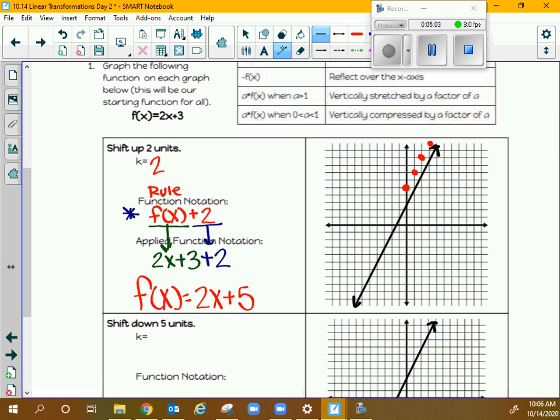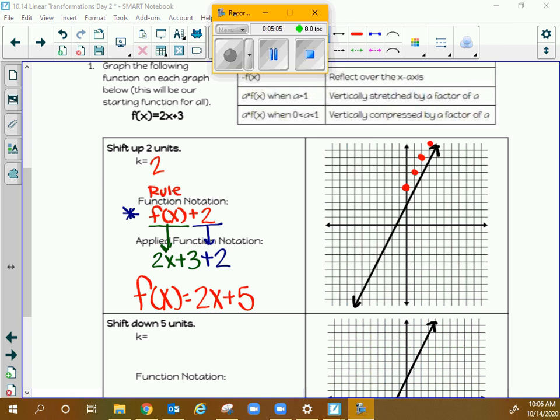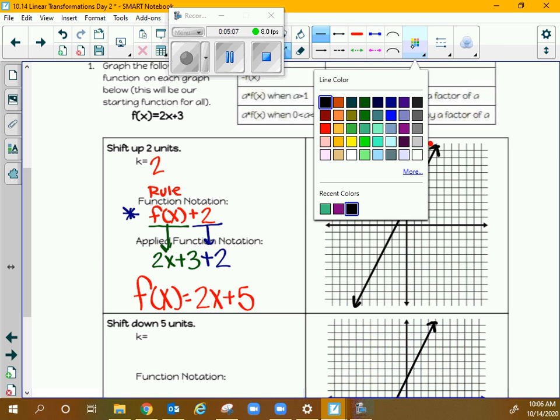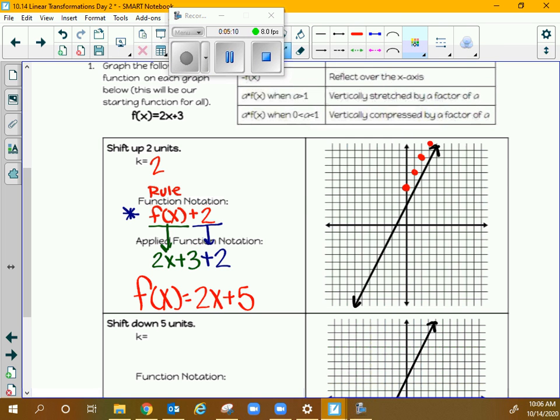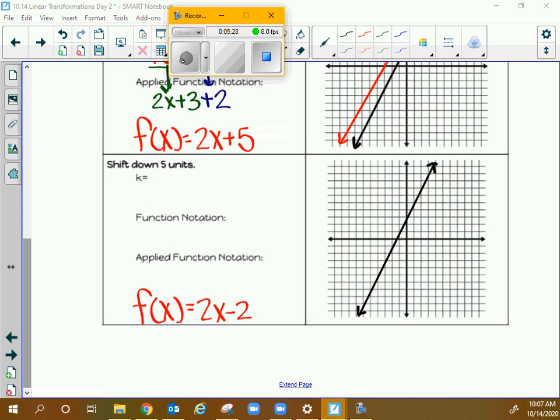Use your new color. And we can check: my line shifted up, so everything checked out nicely. If I'm shifting down 5 units, the rule is going to look similar. What's my k value?